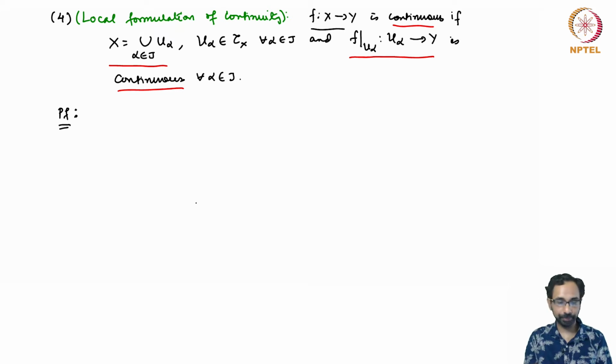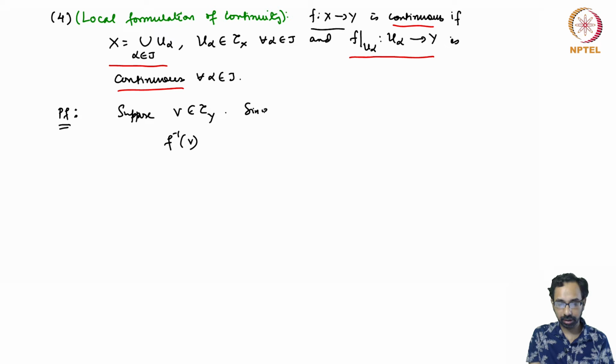So suppose that we take V, an open set in Y, then what is f inverse of V? Now, since X is a union of all these U alphas, f inverse of V is nothing but the union of (f inverse V intersection U alpha), alpha in J. So this is again a set theoretic relation that I want you to check.